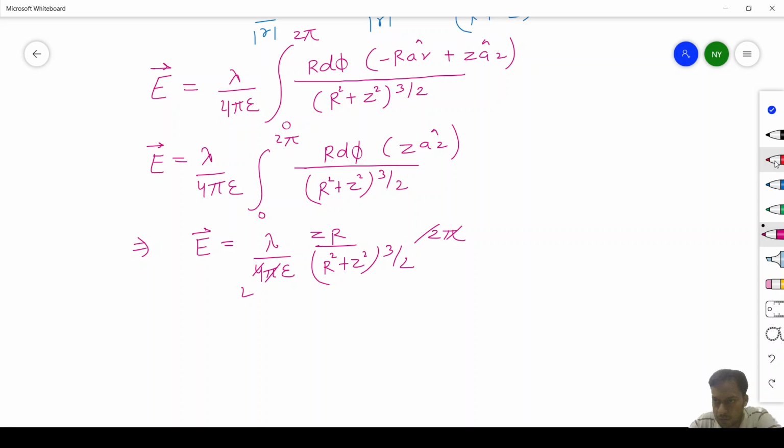So this is the equation for electric field of the given condition. Electric field for the given condition. Okay, so this is the electric field: lambda Az R z over 2 epsilon (r square plus z square) power 3 by 2.